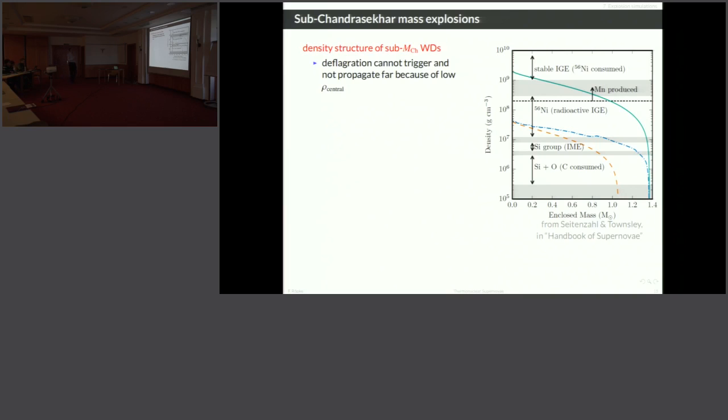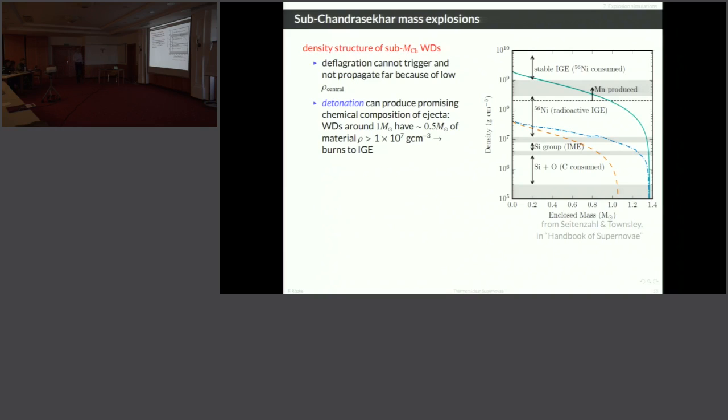You reach the regime where a detonation would burn into nickel-56 above 10^7 grams per cubic centimeter. So in principle, for this configuration, you could produce nickel-56. You would also produce intermediate mass elements in a detonation because the density structure is so expanded. So this would suggest that a detonation could lead to an ejecta composition that is consistent with the observations.